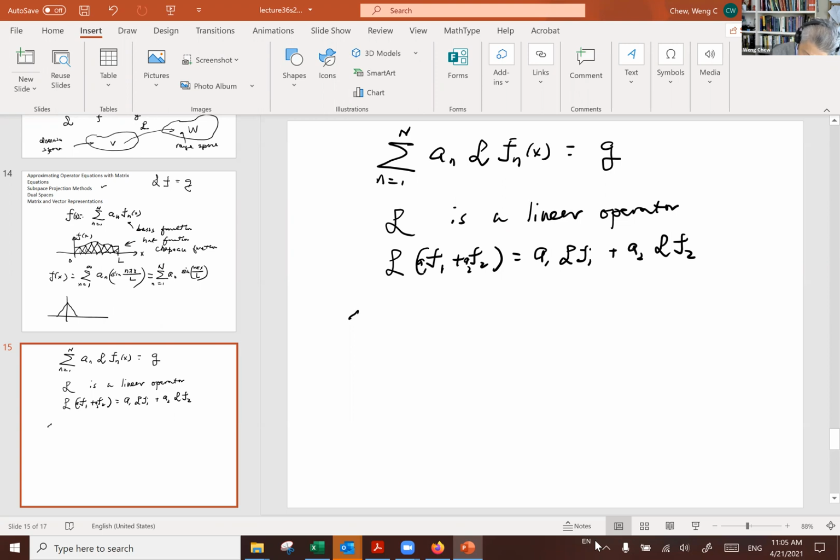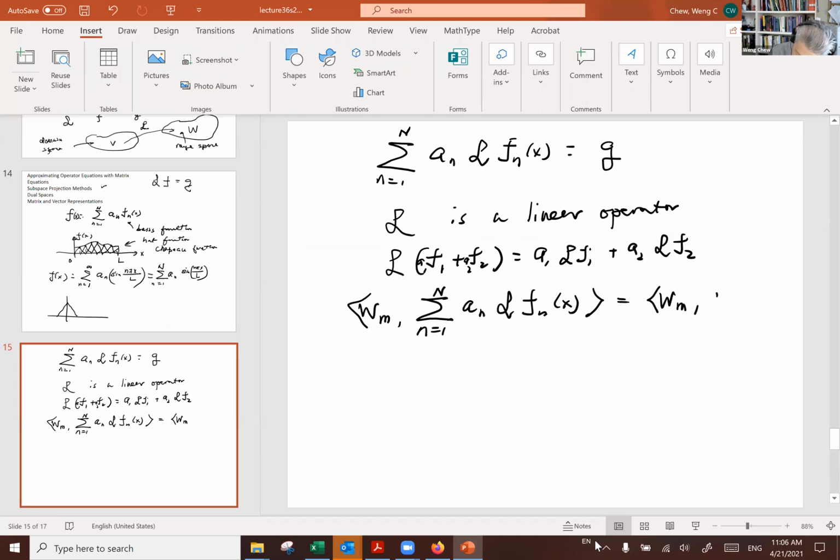What you do then is to test this equation with the testing function or the weighting function. I just multiply this equation by w_m and g, where w_m could also be a one-dimensional function, defined in the same interval that I have before.